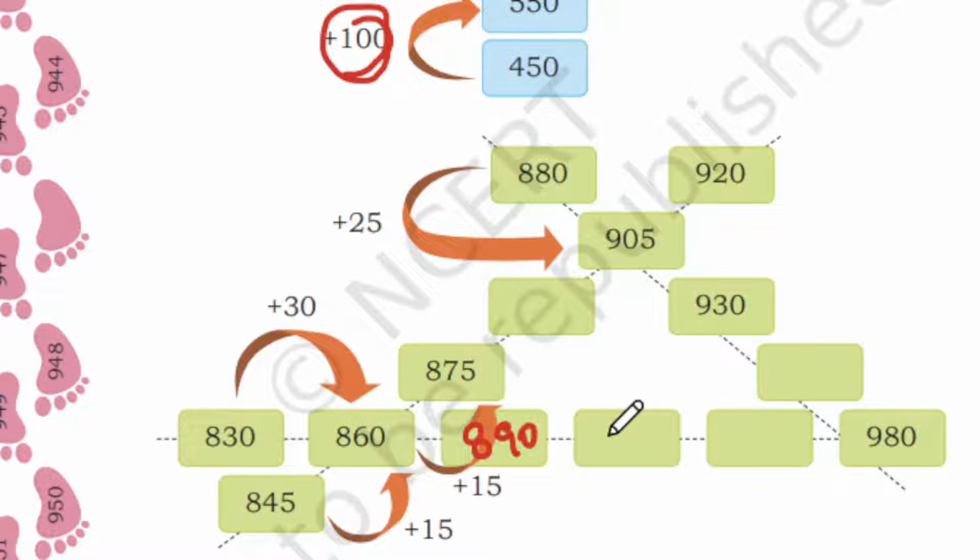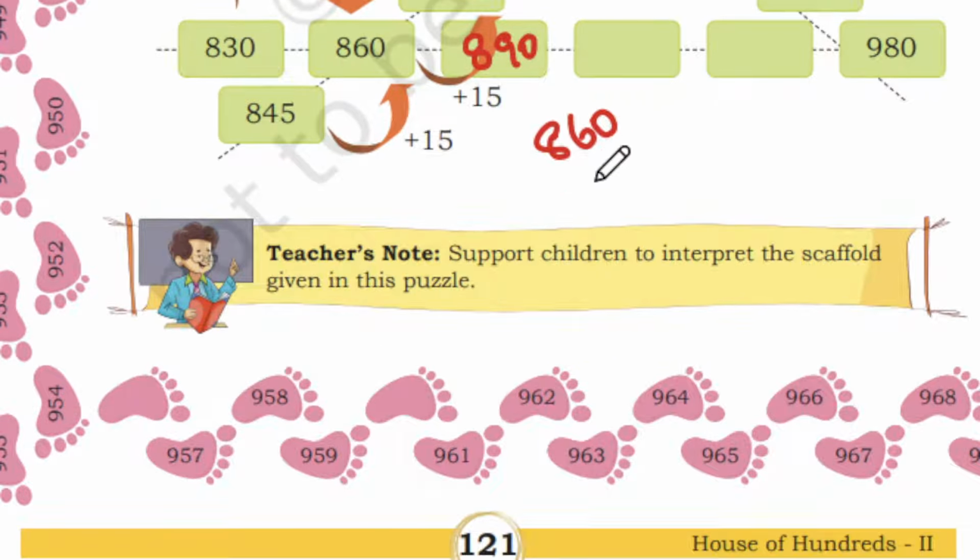Then you have to skip, you have to add 30. Okay. So for example, if you add 860, 860 plus 30, you will get 890. So I have written 890 here. Now you have to add one more 30. So what will you get? 1 minute.